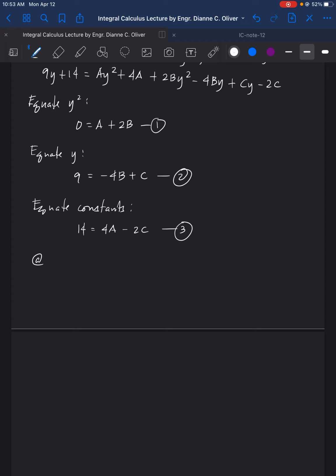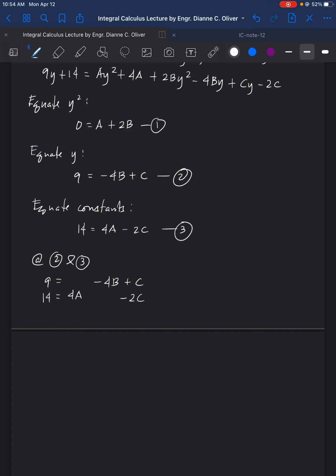So at equations 2 and 3, we have 9 equals -4B + C, and for equation 3, we have 14 equals 4A - 2C.